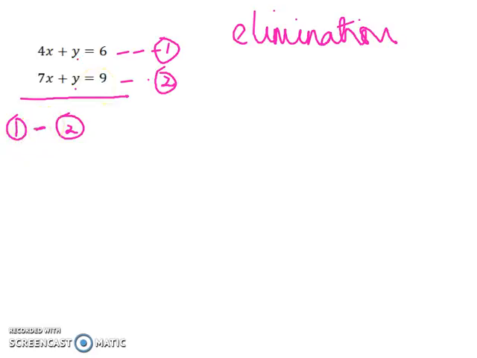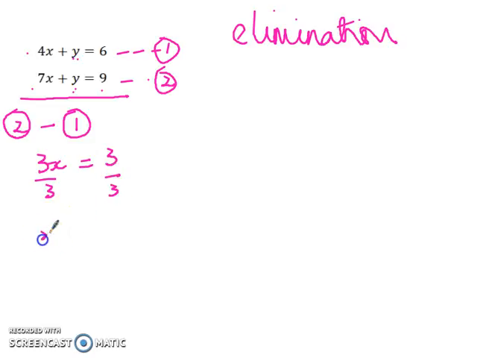But I'm going to change it up even more because I've noticed that the numbers in equation 2 are actually bigger than the ones in equation 1. So it would make more sense if I went equation 2, take away equation 1. And look what happens now. 7x take away 4x is 3x. Y take away y, that's eliminated. 9 take away 6 is 3.